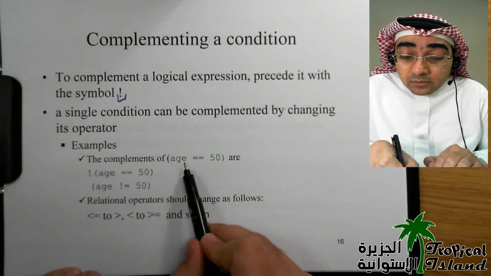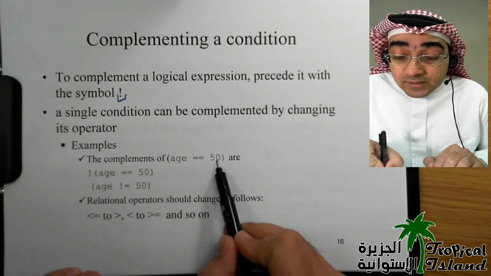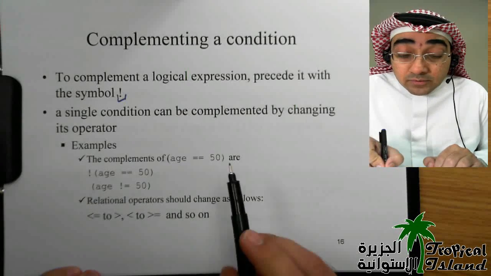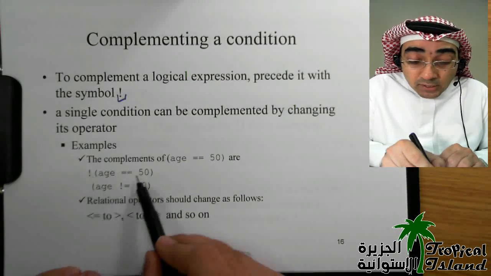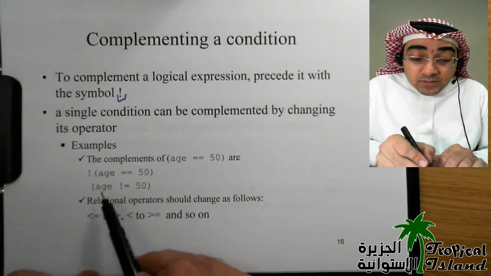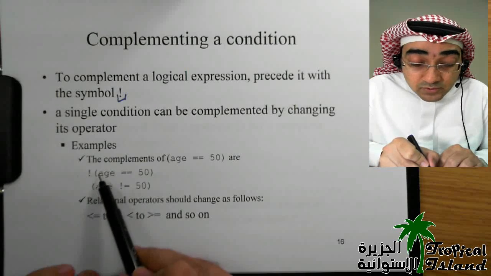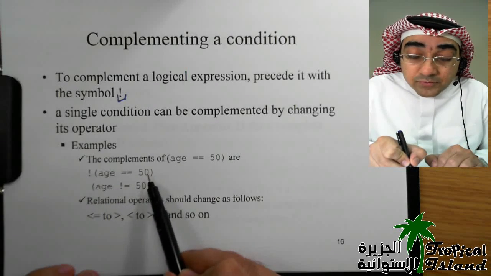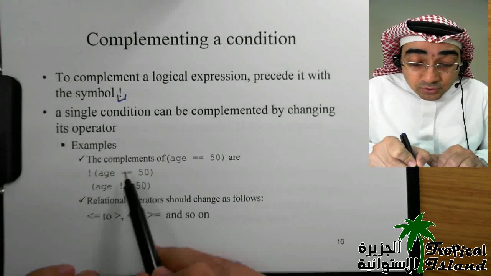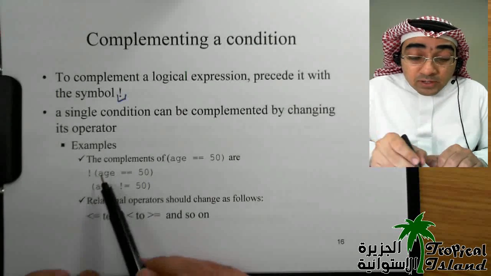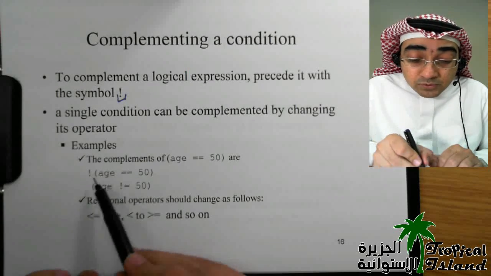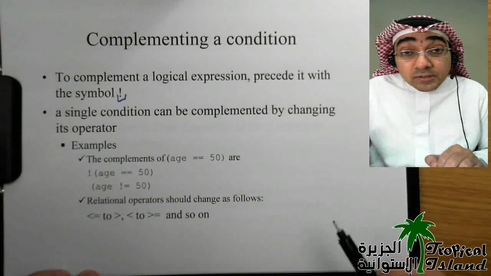If the value that is stored in age is 50, then this condition will return true, otherwise it's going to return a false. When I say not age equal to 50, this is equivalent of saying age is not equal to 50. Correct? Because over here I'm checking if the age is equal to 50. If it is true, I'm going to negate it and this becomes false, and if it's false, I'm going to negate it and it becomes true. So it's equivalent of saying age is not equal to 50.